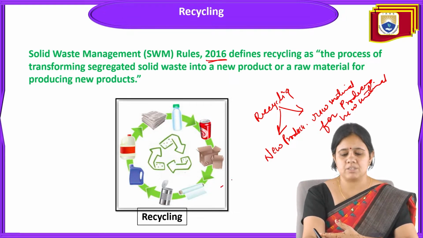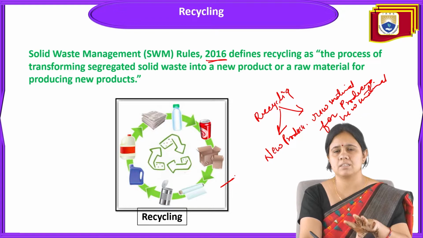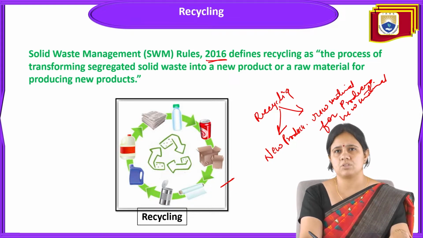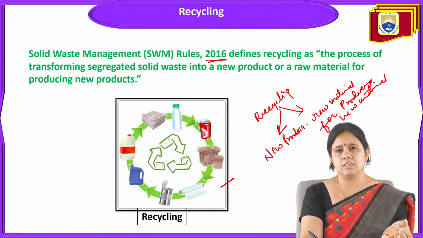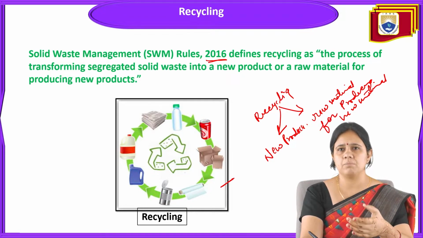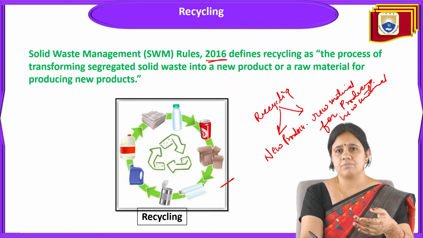You can see this picture reflects the complete process of recycling, like recycling of a bottle, paper, jar, aluminum can, or cardboard, to produce a new material or a raw material for a new product.